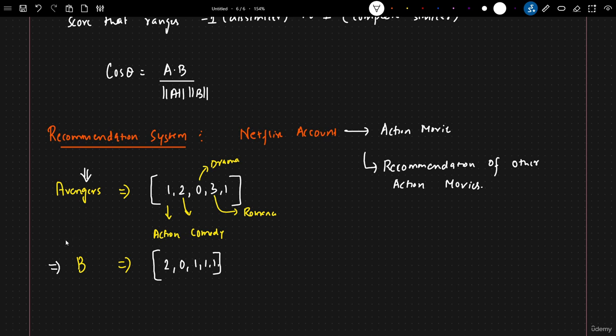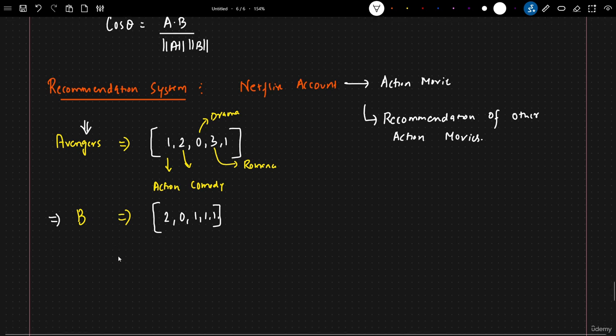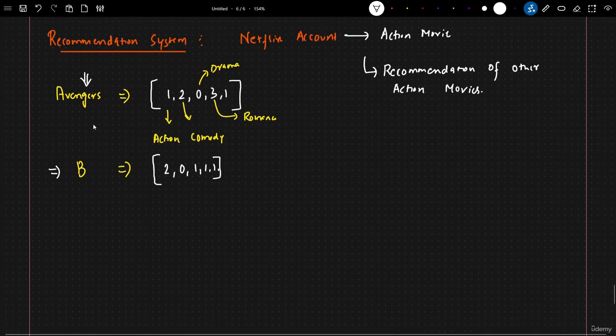So let's see how we calculate the cosine similarity based on these vectors.